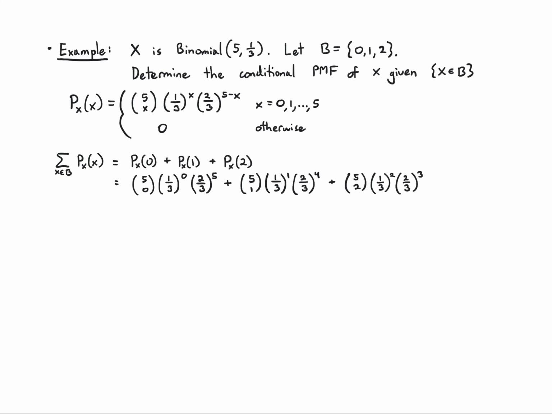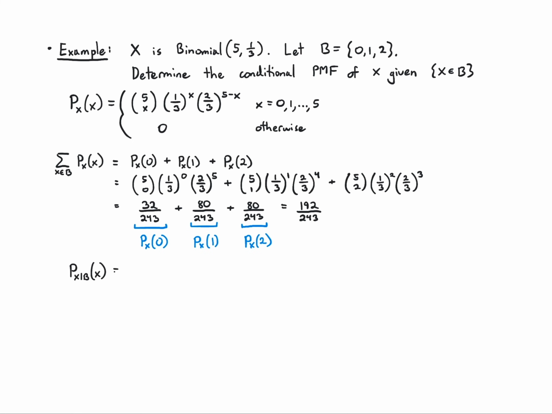I could add an extra step where we work all of these fractions out carefully, but instead I'm just going to jump to the answers. It's going to be 32 over 243 plus 80 over 243 plus 80 over 243. You can check for yourselves. That's 192 over 243. And remember that these are the values of the PMF at 0, 1, and 2.